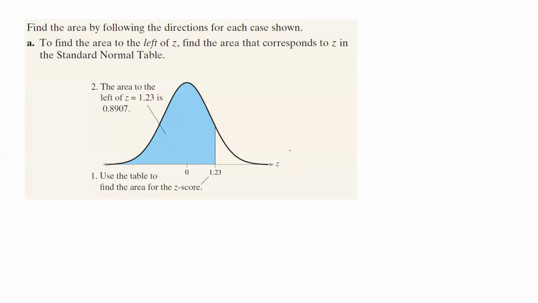On the horizontal line you have z, and the center is located at 0. We can use a table, a calculator, or any software that helps us do the calculation for probability. The area to the left-hand side of 1.23 is about 89.07%. So this number represents this area, or probability.